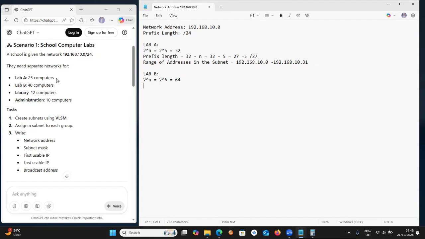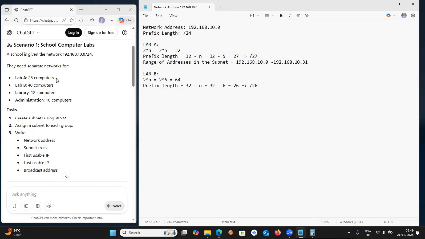The prefix length for that is going to be 32 minus n, which is 32 minus 6, that will be 26. So the prefix length is going to be /26.